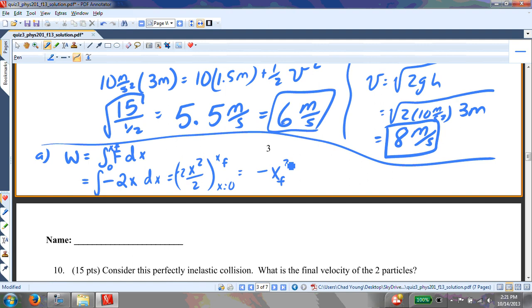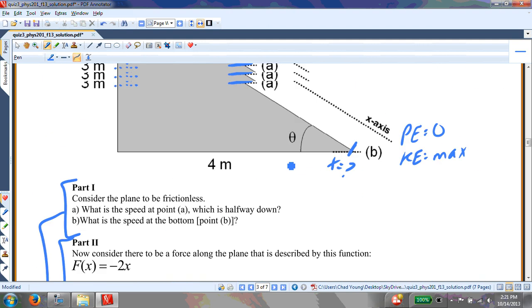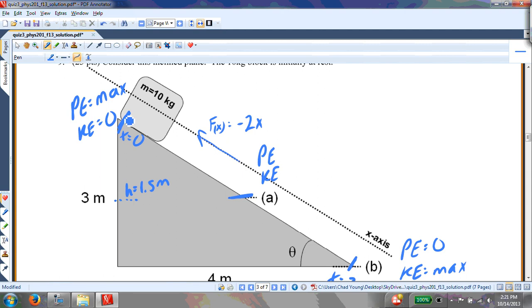And now I need to find out what is my final position. If this is x equals 0, well, you can find the length of this hypotenuse right here. If you're clever, you'll notice this is a 3, 4, 5 triangle. So it covers a total distance of 5 meters. Or you can use the Pythagorean theorem. That is the square root of 3 squared plus 4 squared equals 5 meters.